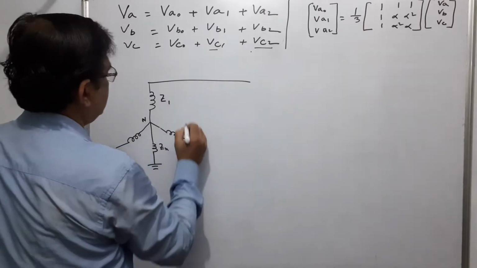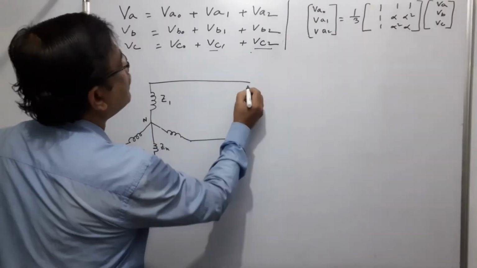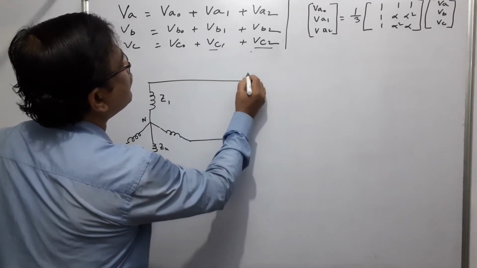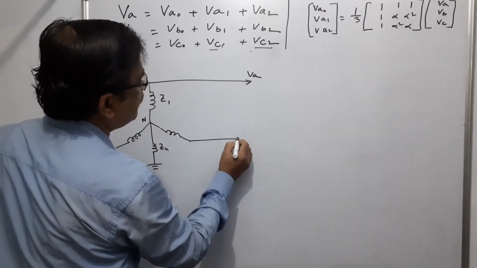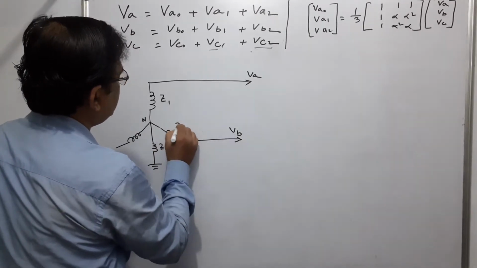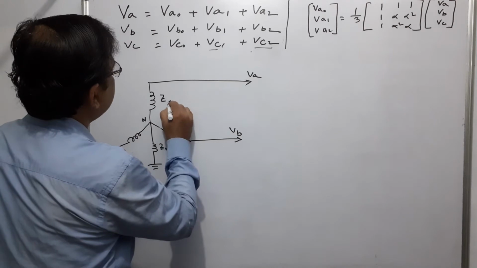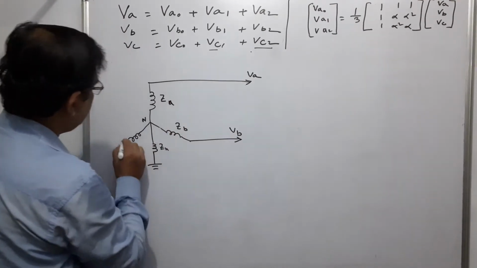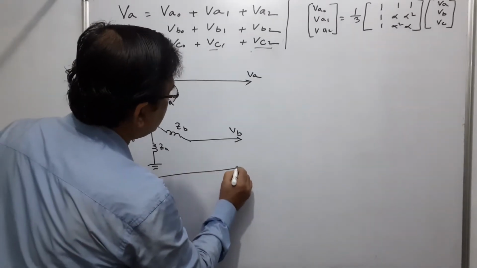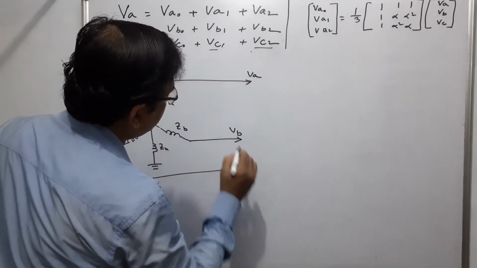VA is equal to VB; you can say this is ZA, this is ZB, and this is ZC, and this is VC.